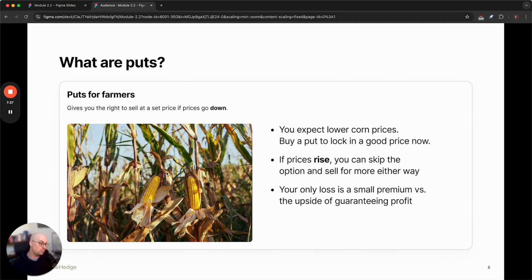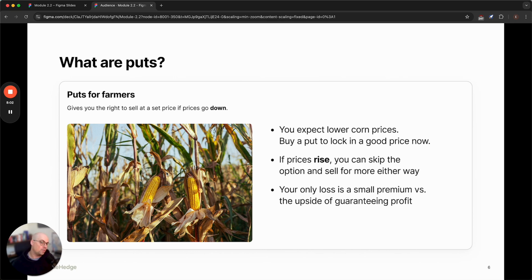That way, if prices rise, your option expires, you lose a little bit of money on the option, but you sell your physical grain for a higher price because the prices have gone up. You're happy. You lose a little bit on the premium, but you make more in general because you're selling it for a higher amount. Your only loss is a small premium versus the upside of guaranteeing a profit.